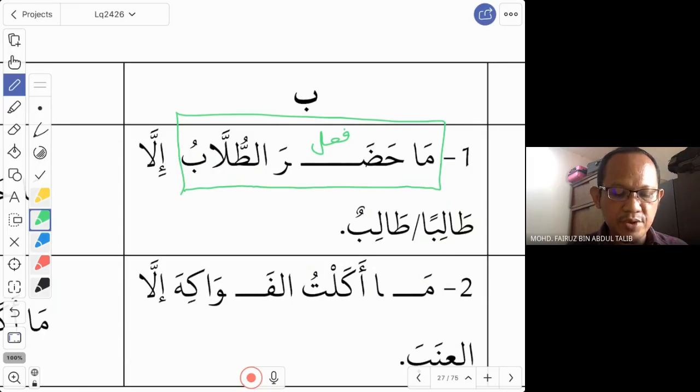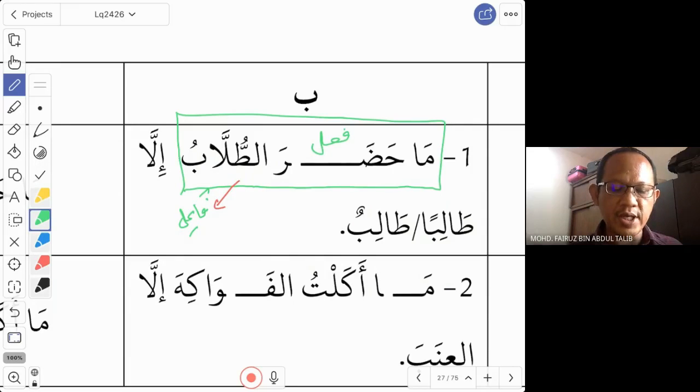So what do you call this grammar topic? Is this a maf'ul bi? Is this a fa'il? Is this a maf'ul mutlaq? You have a fi'il, who attended, the tulab. This is called the fa'il. Sahih? This is the fa'il.